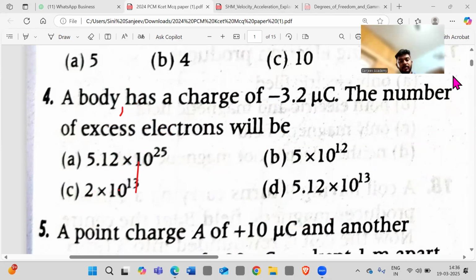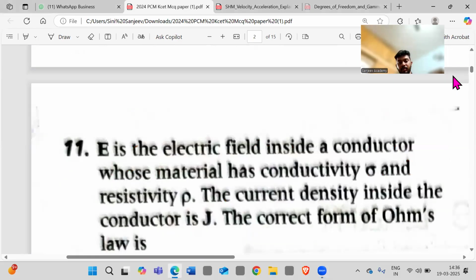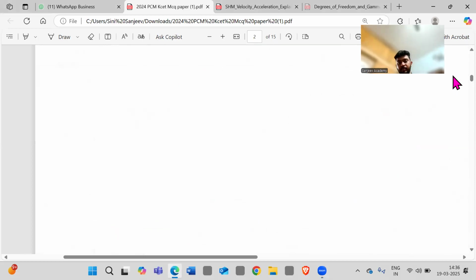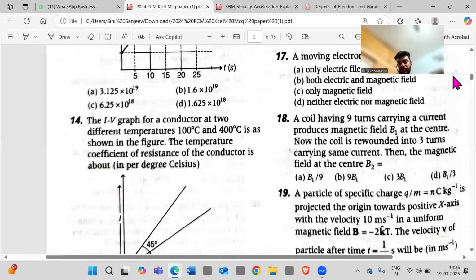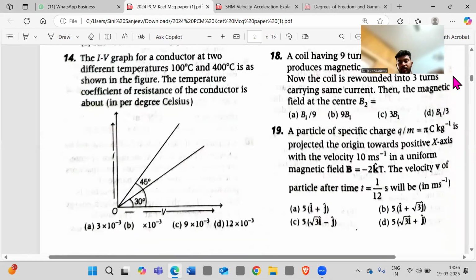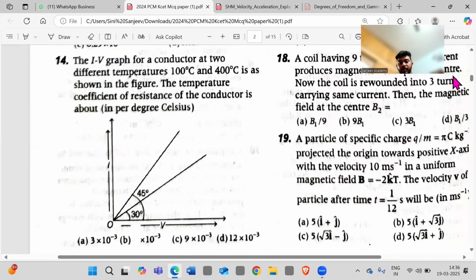Let me clear these things. Fourteenth one, textbook question. Alpha, temperature coefficient.